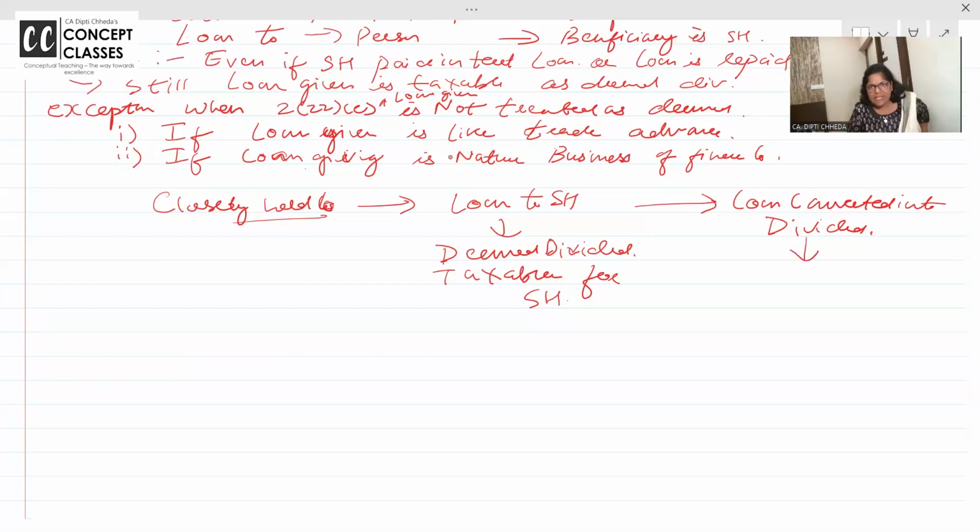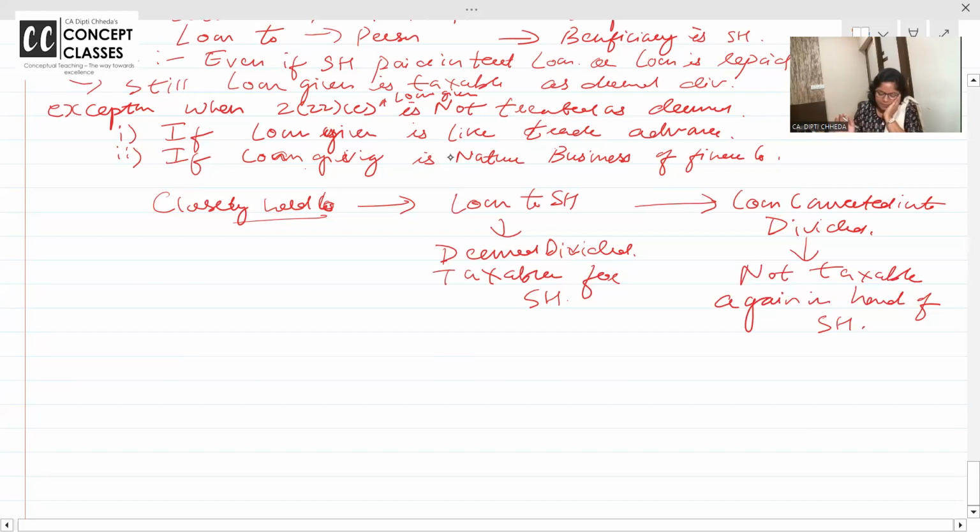Already first only it is taxable as deemed dividend, not taxable again in the hands of shareholders. I want you all to please draw this diagram. इसको करो अच्छे से. पूछो कुछ डाउट है तो.